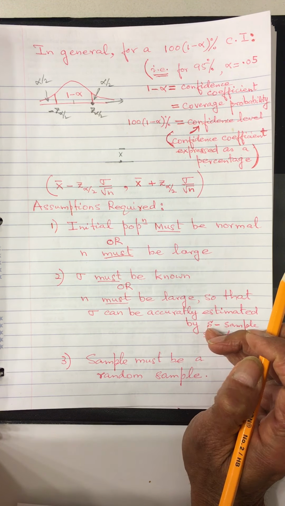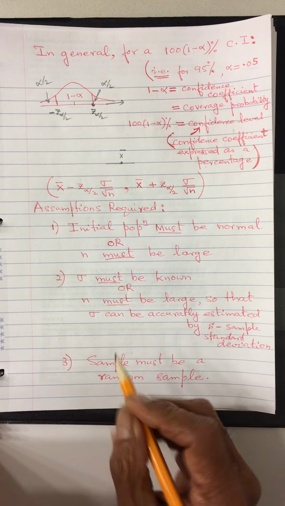This value is coming from a sample average, or from a table. So either we need to know that in advance. Either sigma must be known or n must be large, n is the sample size, so that sigma can be accurately estimated by the S value, the sample standard deviation.